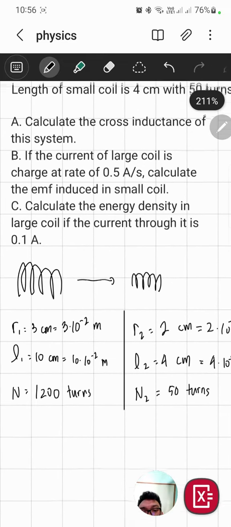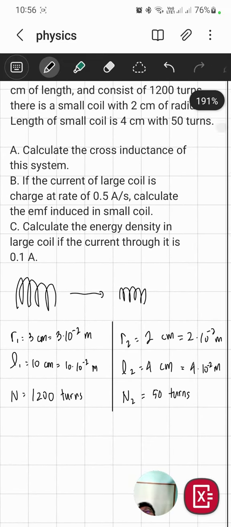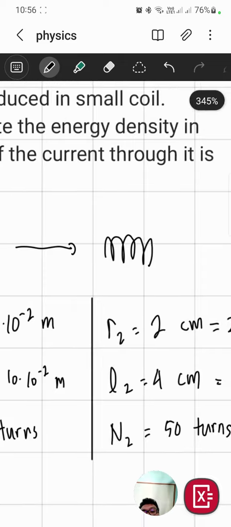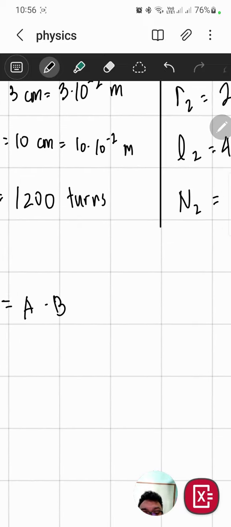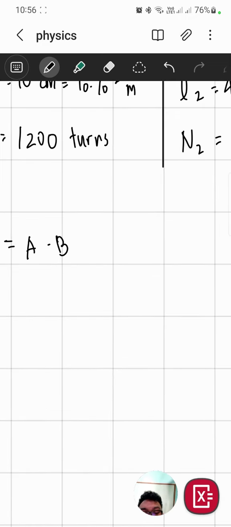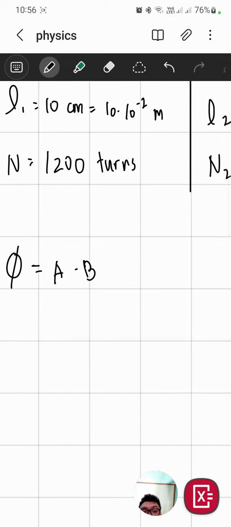Okay. So after this, we know that there is a magnetic flux equation. The magnetic flux is equal to A times B. So to solve this equation, we need to write the equation of the magnetic field.